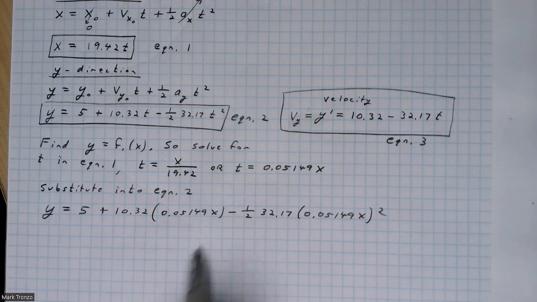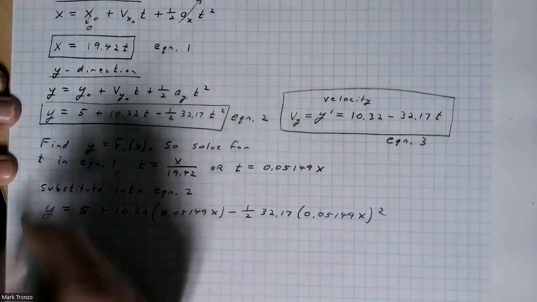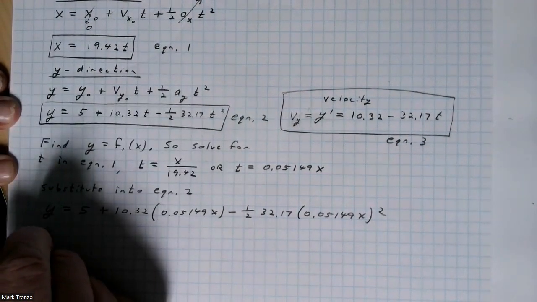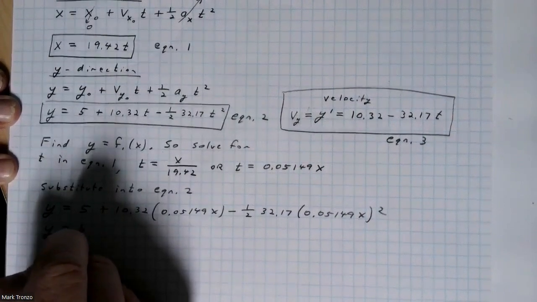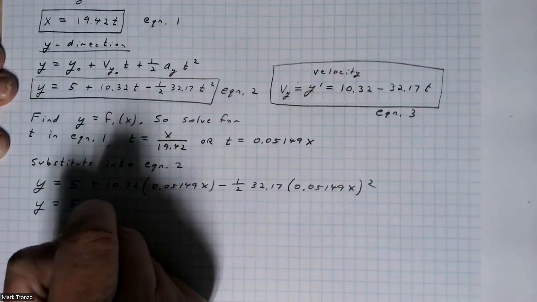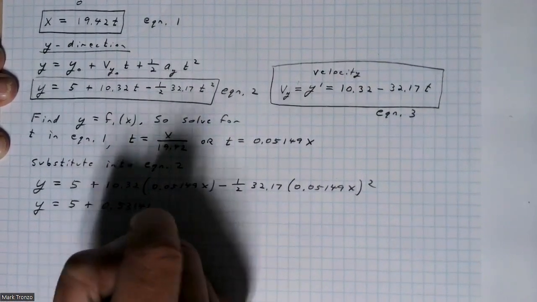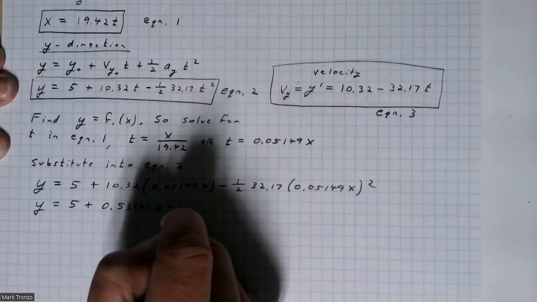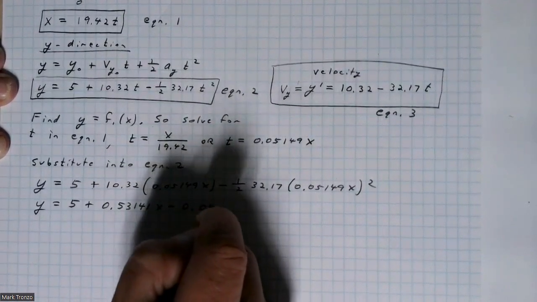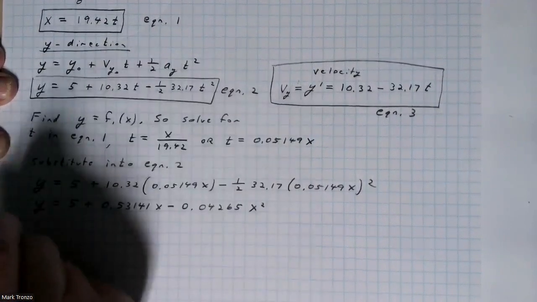Let me clean that up a little bit and multiply some of these things out. When we multiply all these out, we get y equal 5 plus 0.53141x minus 0.04265x squared.